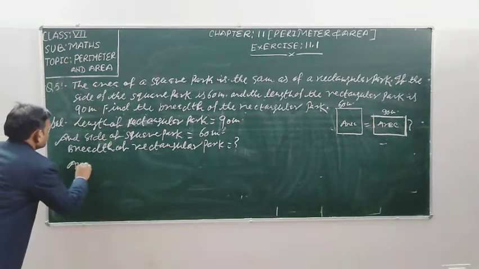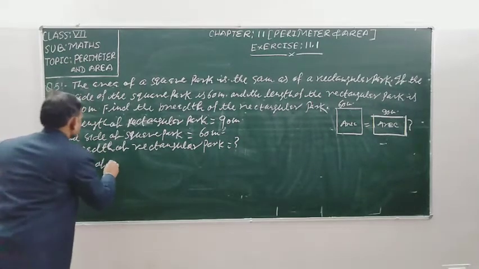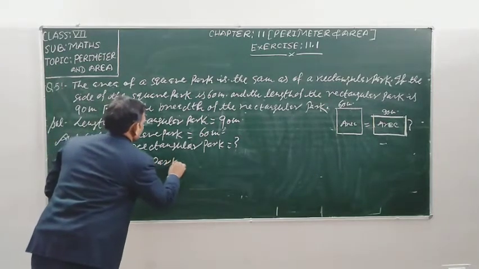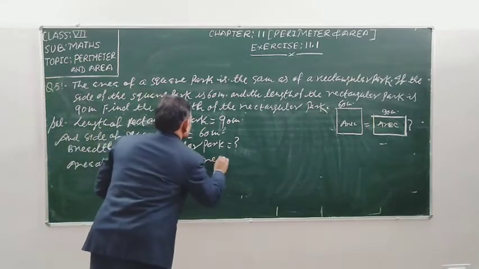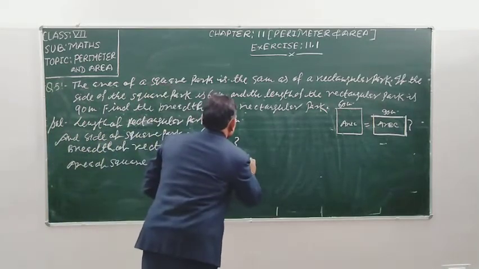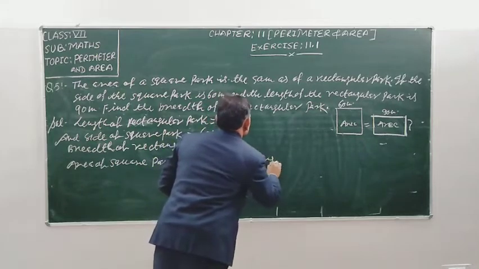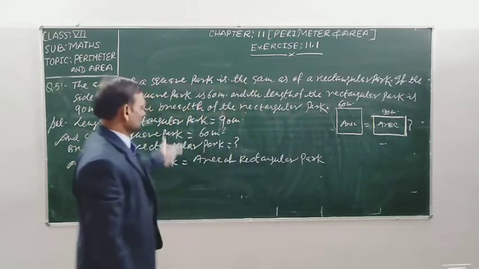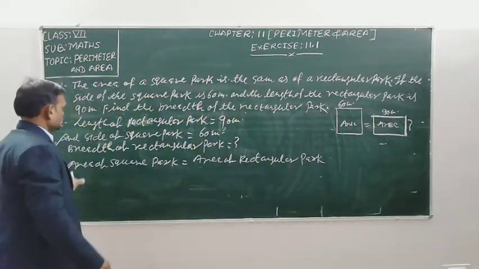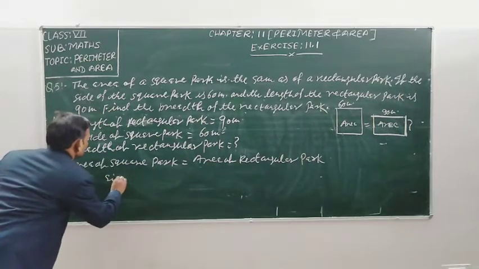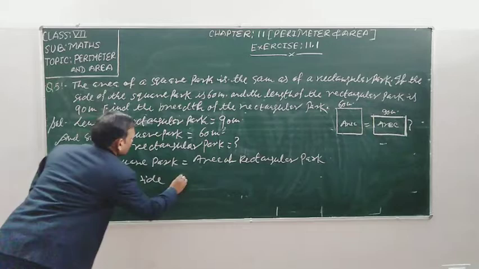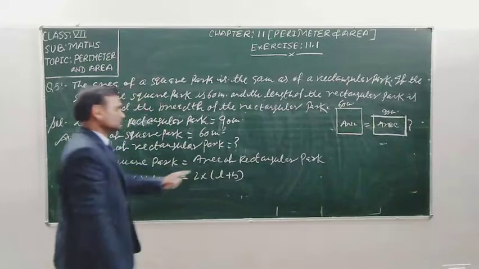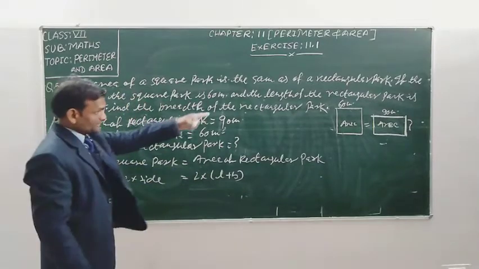Area of square park is equal to area of rectangular park. It is given in the question. So how can we find the area of the square park? Side into side, and area of rectangular park 2 into length plus breadth, student. Side is given, that is 60.